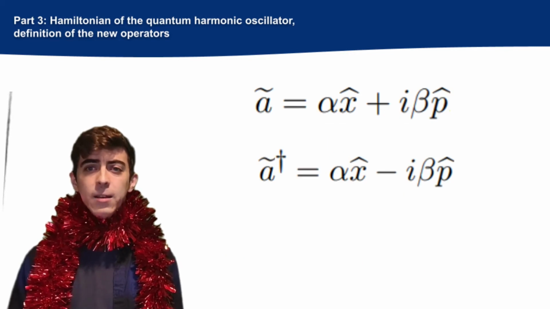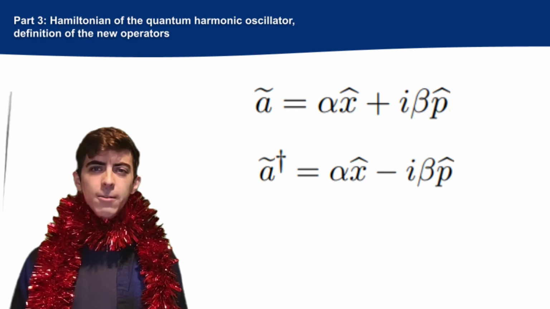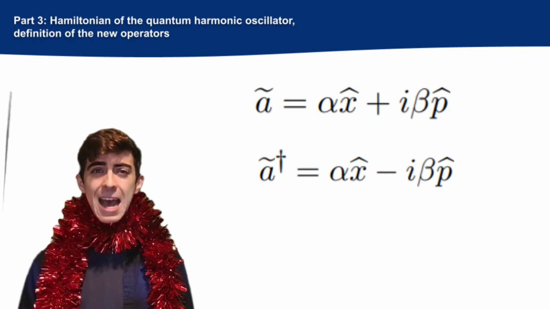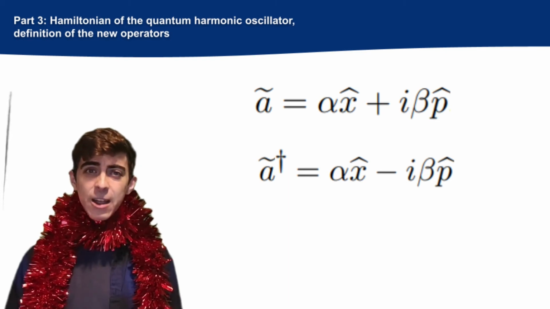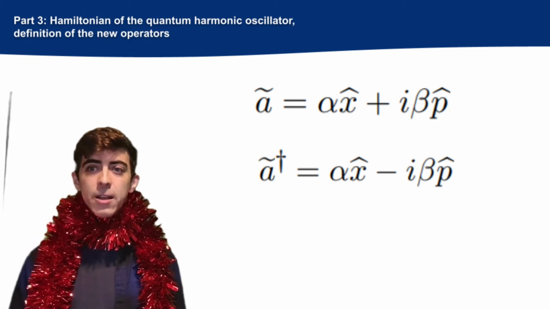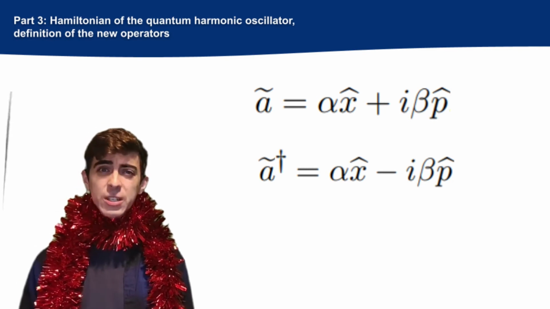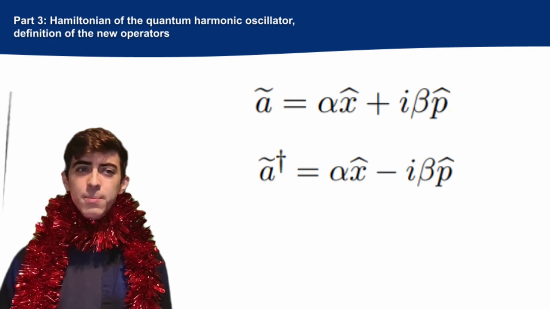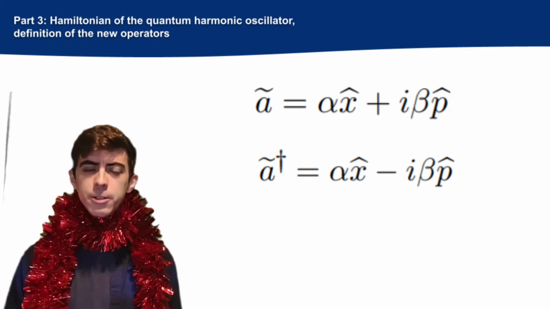Being a tilde the same as a number alpha times x plus i beta p. And then a tilde dagger equals alpha times x minus i times beta times p, with both alpha and beta being real numbers.